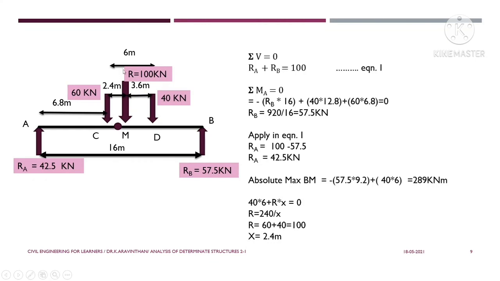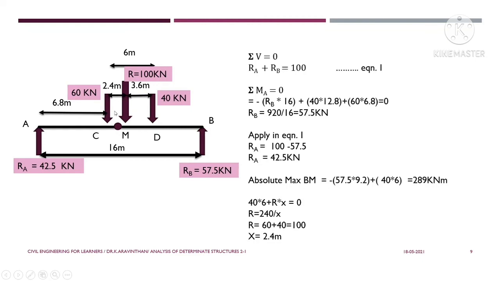Now this imaginary resultant load is found out. You have to place the load on the girder. How to place this? Let us see. In order to find the absolute maximum bending moment, out of the 40 and 60, the 60 kilonewton load is the maximum load. From the maximum load to the resultant load, you have a 2.4 meter distance.